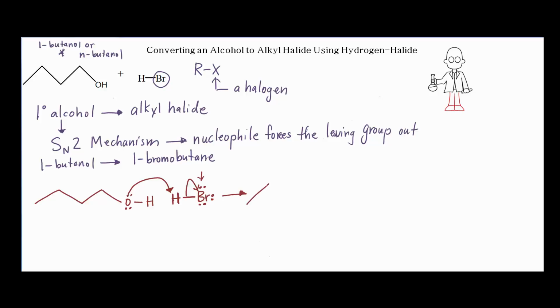So we're left with our OH. We had 2 lone pairs of electrons, and now one lone pair formed a bond with hydrogen, giving a formal plus charge on the oxygen.